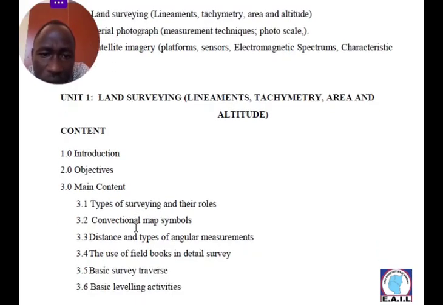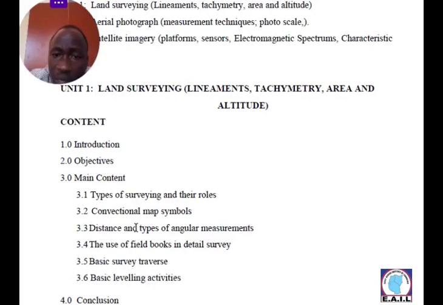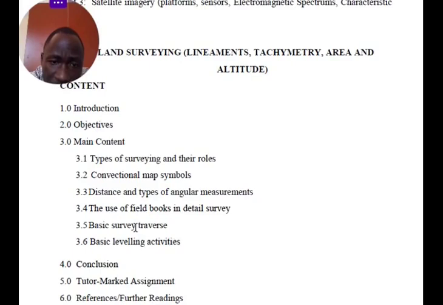Now, when you look at what we call land surveying, we are saying alignments, and we earlier talked about altitude. That's what we are going to mainly look at.